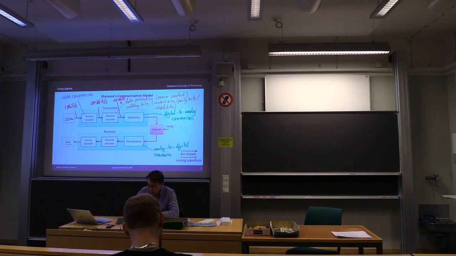Okay, and then we have here some bits, and these bits here ideally should be equal to the bits up here, but there are some errors typically introduced during transmission over the channel. And the errors are due to the distortion that the channel introduces here.